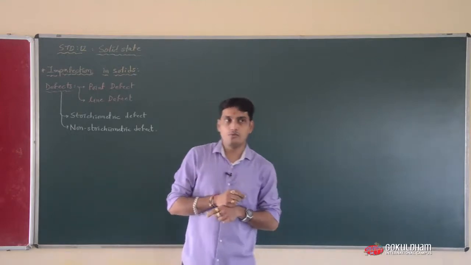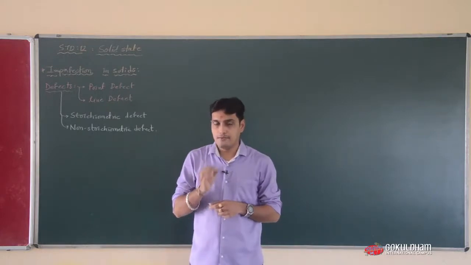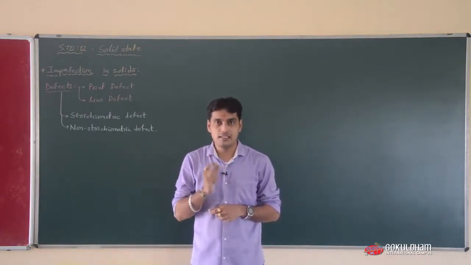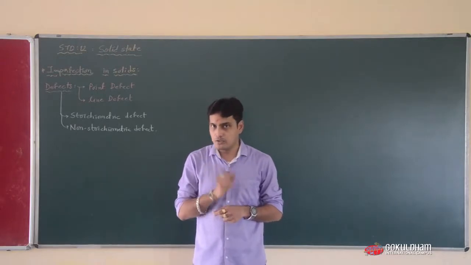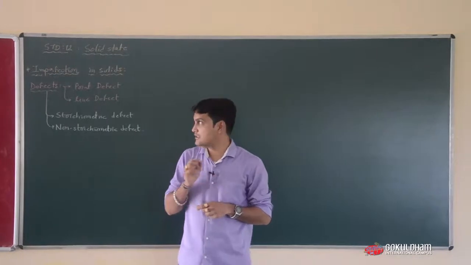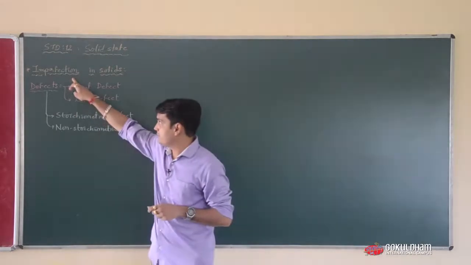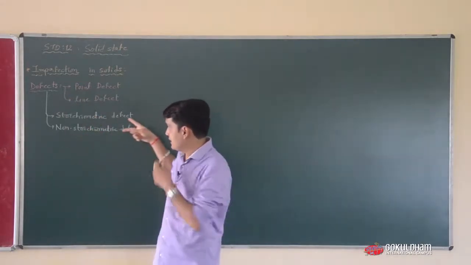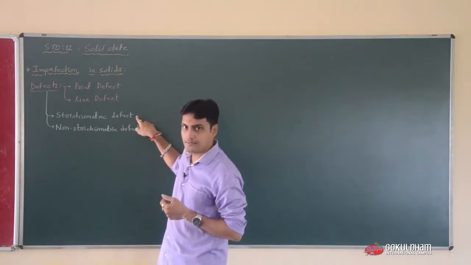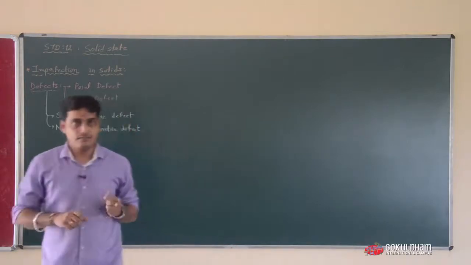Also you have to know that even if your solid is exactly perfect or exactly crystalline, at that time also 10⁶ defects are still in the perfect solid. This imperfection or defect has two major types. First is stoichiometric defect and the other one is non-stoichiometric defect.